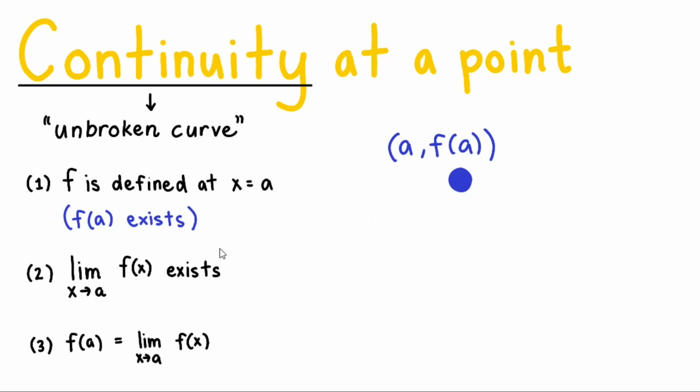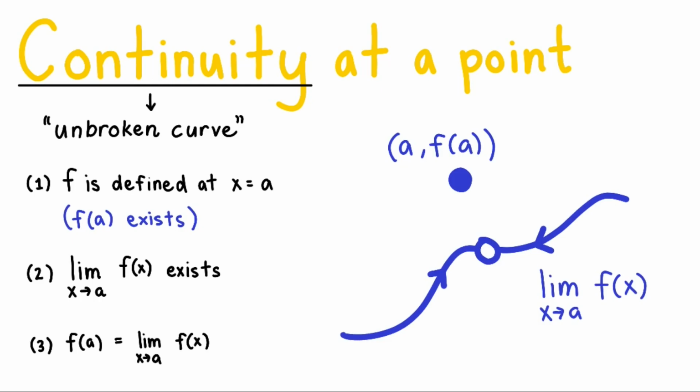Aside from this, if the limit exists, then we know that the limit from the left is equal to the limit from the right in a graph. Unfortunately, for this second condition, this doesn't assure us that there is a point in that specific area. We just know that from the left and the right, it converges towards that point.